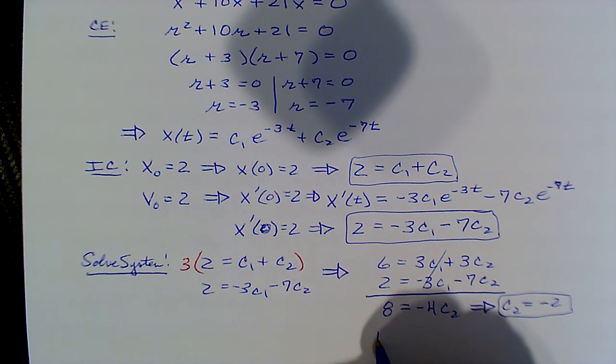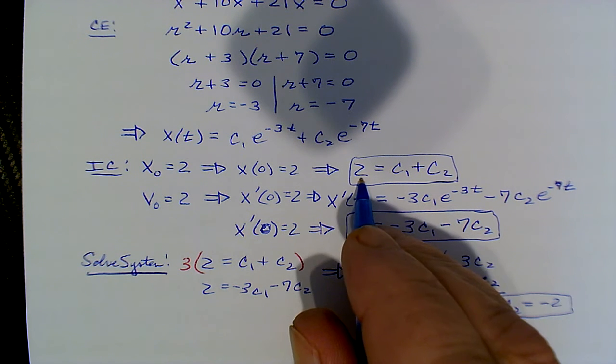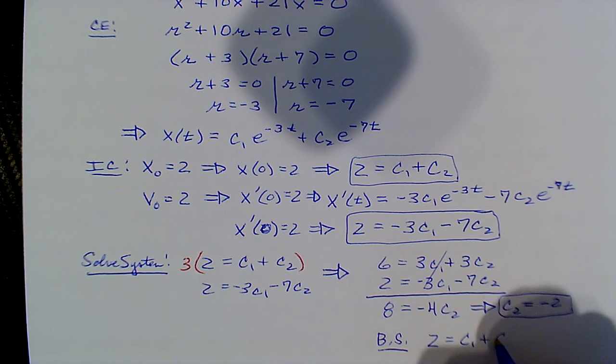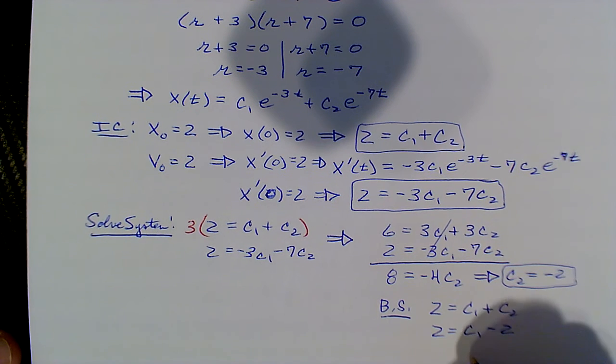And then we'll back substitute to get c1. The easiest equation to go to, I think, is this first one. 2 equals c1 plus c2. And so 2 equals c1 plus a negative c2, negative 2 that is. So just minus 2, and c1 is 4.